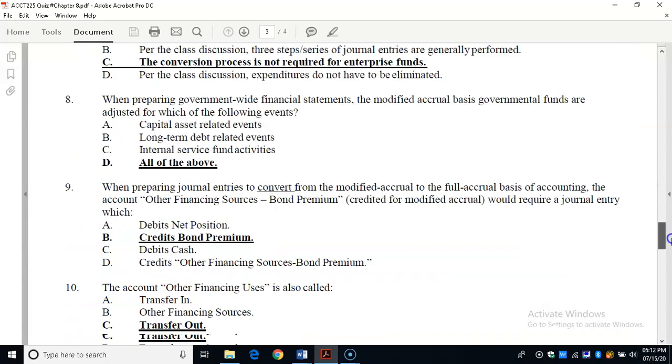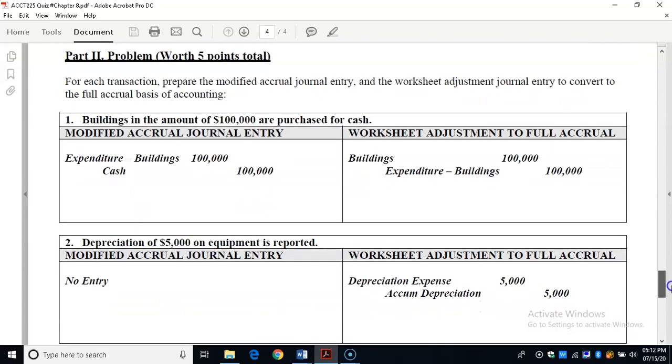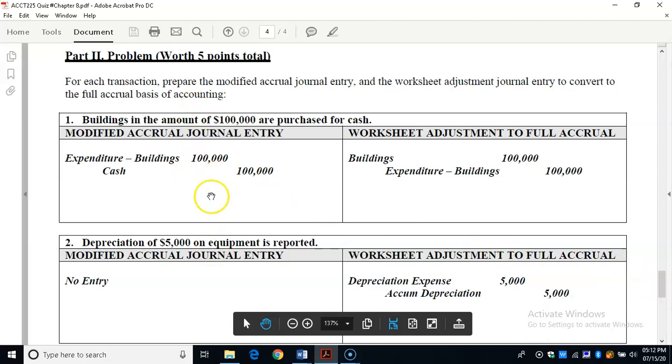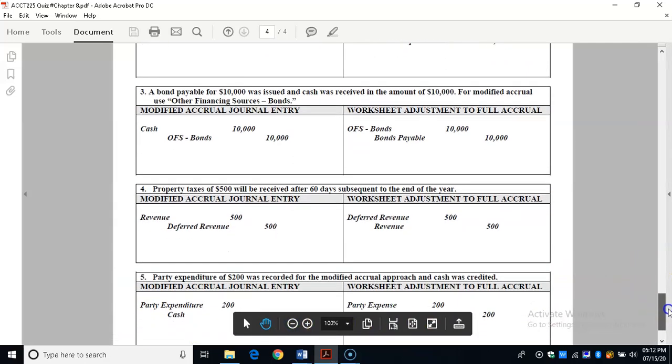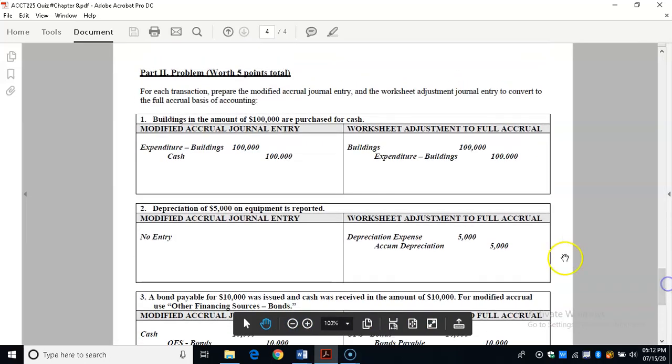Okay, so we're going to take a look at the last question, and then the answers are already written here. So let's look at the modified accrual journal entry. That's on the left side here. And then we're going to look at the worksheet adjustment to convert it to full accrual. Okay, so if I zoom out here, you can see we have 5 different examples. Let's take a look at these.